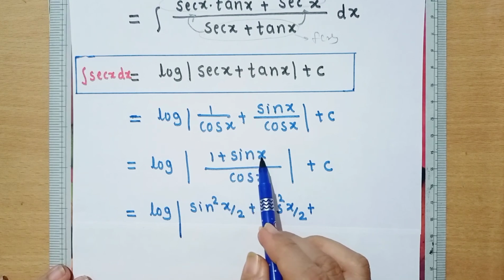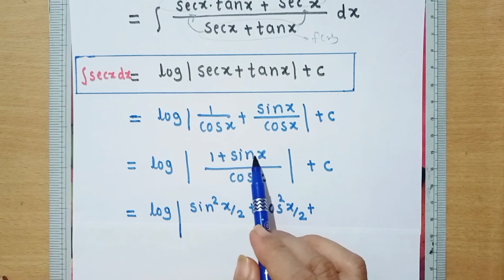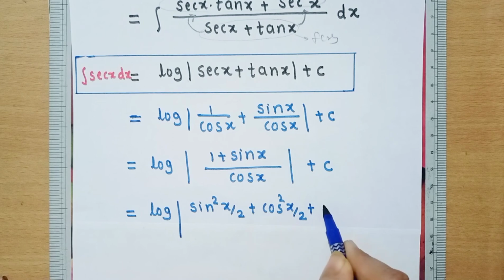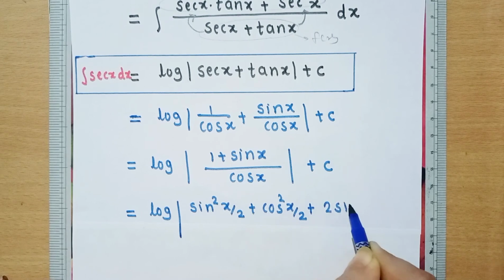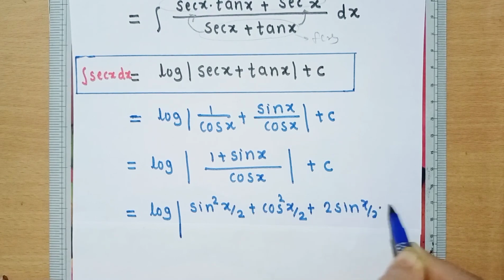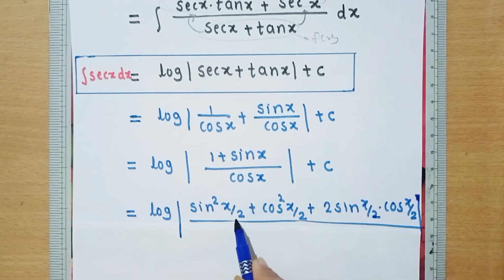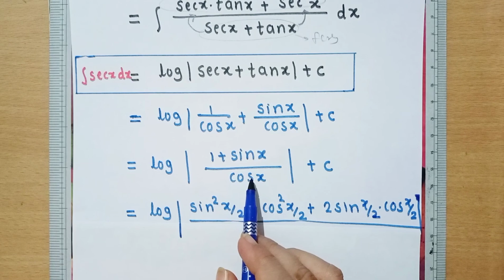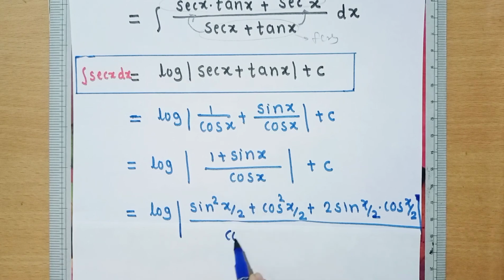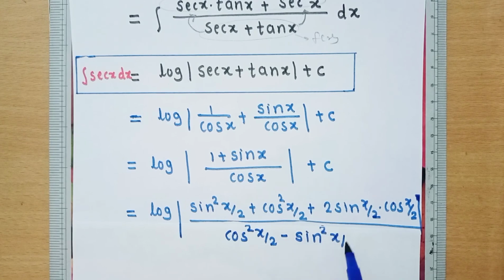And sin of x we will write using the sin 2 theta formula, so this is 2 sin x by 2 into cos of x by 2. And also in the denominator we will use the cos of 2 theta formula. We will write this as cos square x by 2 minus sin square x by 2.